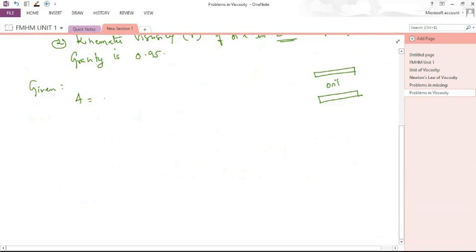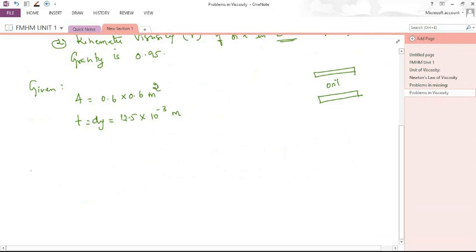60 centimeter we convert into meter. Actually we need the area. Each side is 0.6 meter and 0.6 meter, so area is 0.6 into 0.6 meter square. The thickness of the film is given, dy, which is 12.5 millimeter, so you convert into meter by multiplying by 10 power minus 3.